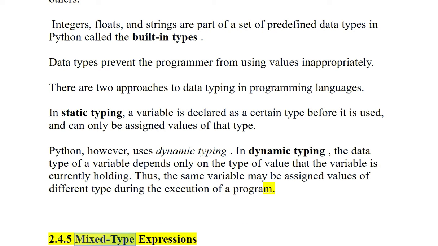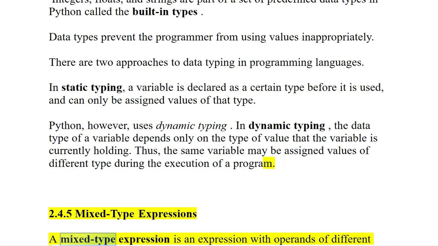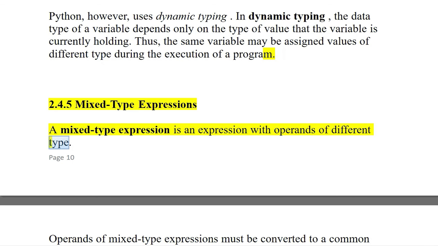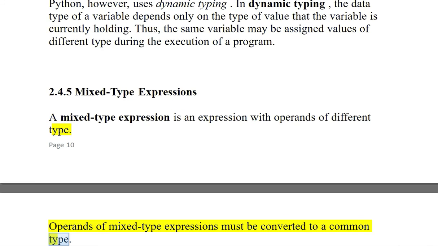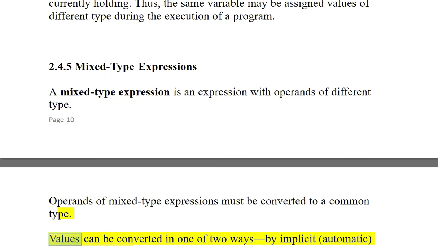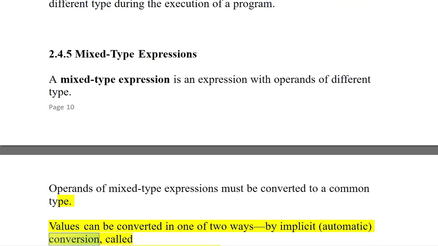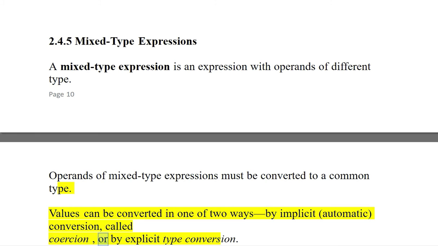2.4.5 Mixed type expressions. A mixed type expression is an expression with operands of different type. Operands of mixed type expressions must be converted to a common type. Values can be converted in one of two ways: by implicit, automatic conversion, called coercion, or by explicit type conversion.